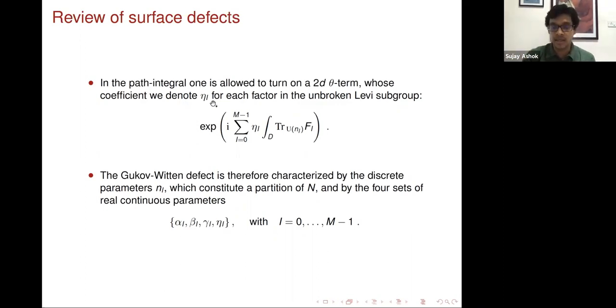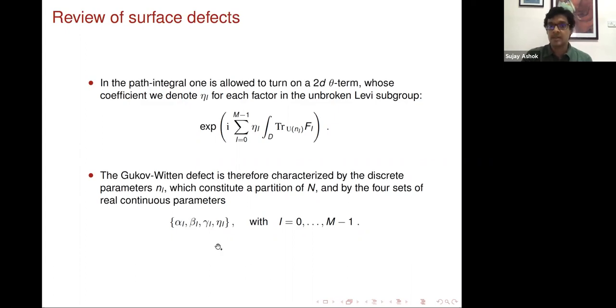You can include these extra m parameters eta, one for each of the U(1)s in this unbroken gauge group at the defect. So I hope it's clear that the Gukov-Witten defect is characterized by discrete parameters n_0 to n_{m-1}, some integers, a partition of n, and in addition by 4 sets of real continuous parameters.